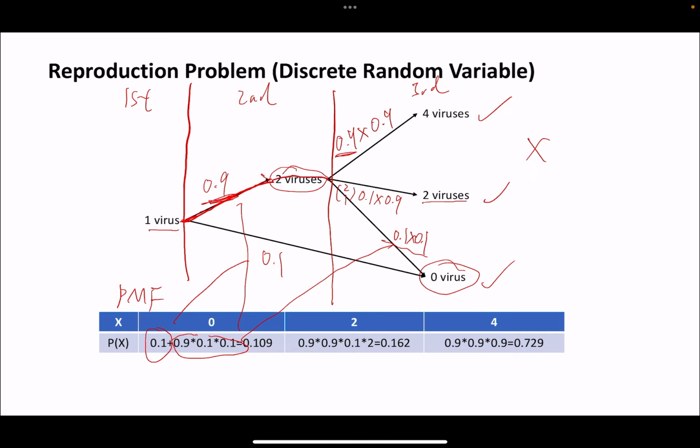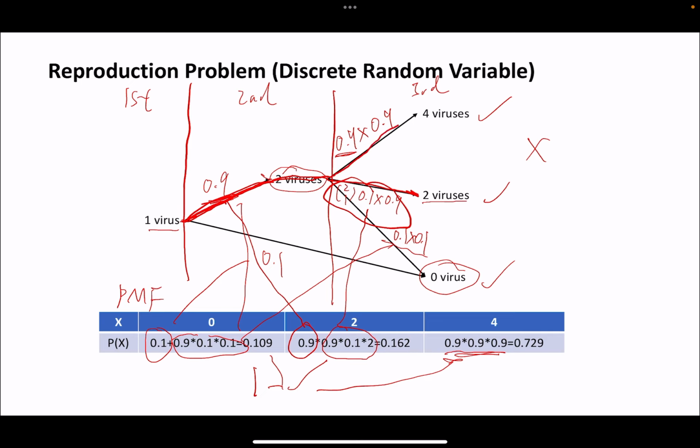For X equal to 2, similarly, the first generation virus evolves, and then one of the two viruses survives in the second generation. Hence it is 0.9 times 0.9 times 0.1 times 2, which corresponds to here. Then we can just use 1 minus this and this to get the probability of X equal to 4.